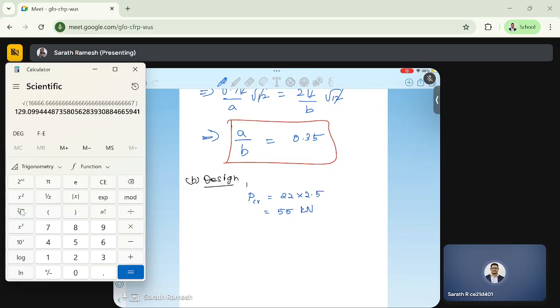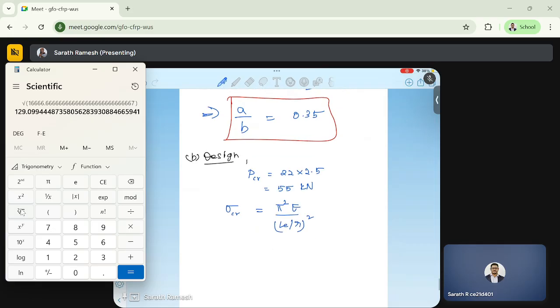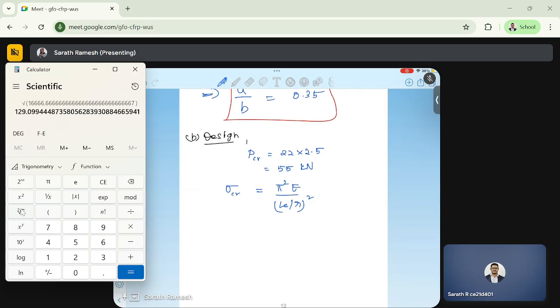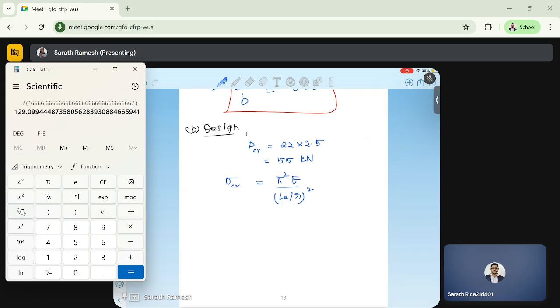Right. Now sigma CR, we can equate sigma CR is what? Pi square E by LE by R square. So also we can say PCR by A. PCR is 55 into 10 power 3 by A. A is, it's a rectangle, so AB.